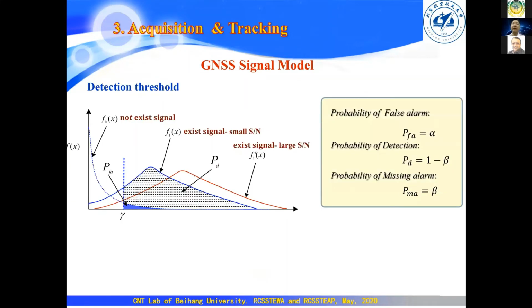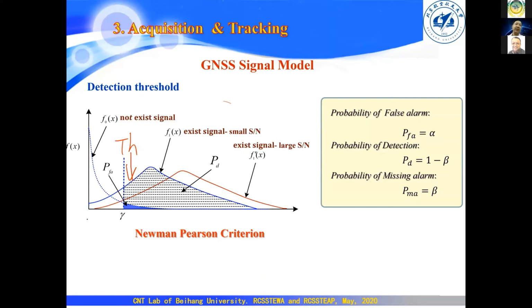In order to find it, we need some criteria. Commonly we call it the Neyman-Pearson criterion. That means we set a threshold, commonly gamma here. If the correlation power is larger than this threshold, we think it is signal.